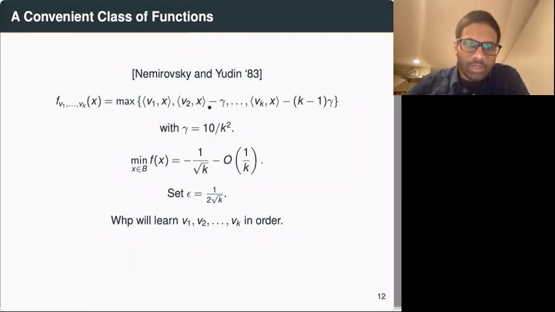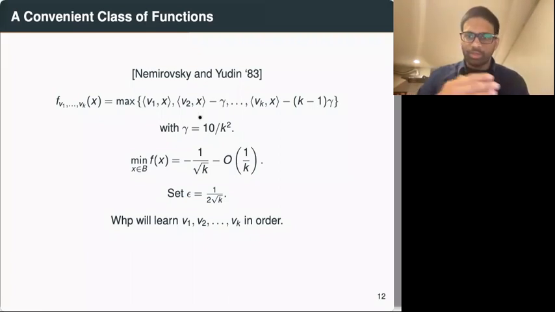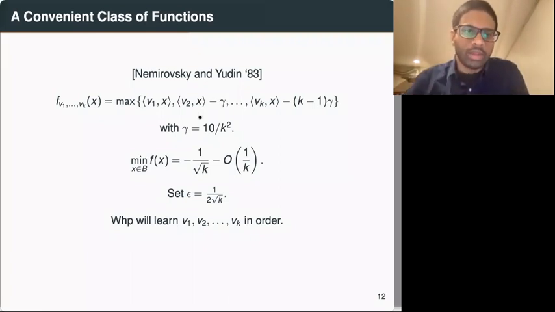But this minus gamma is going to make all the difference, since minus gamma is subtracting 10 by k squared. So with high probability, our first entry is going to be larger than our second entry by around 10 by k squared, which is going to be larger than the third entry by around 10 by k squared, and so on. So it's going to be in decreasing order. So with high probability, we're just going to learn v1 in the first query.